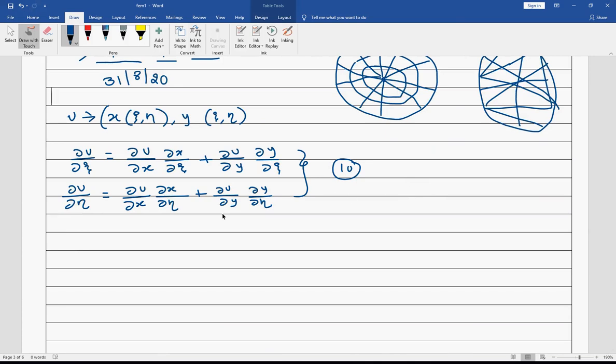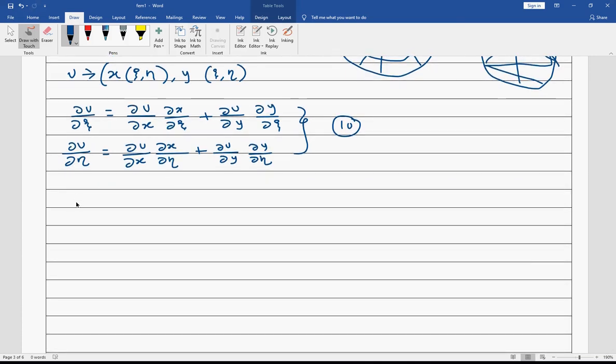Now I can write this in the matrix formulation.